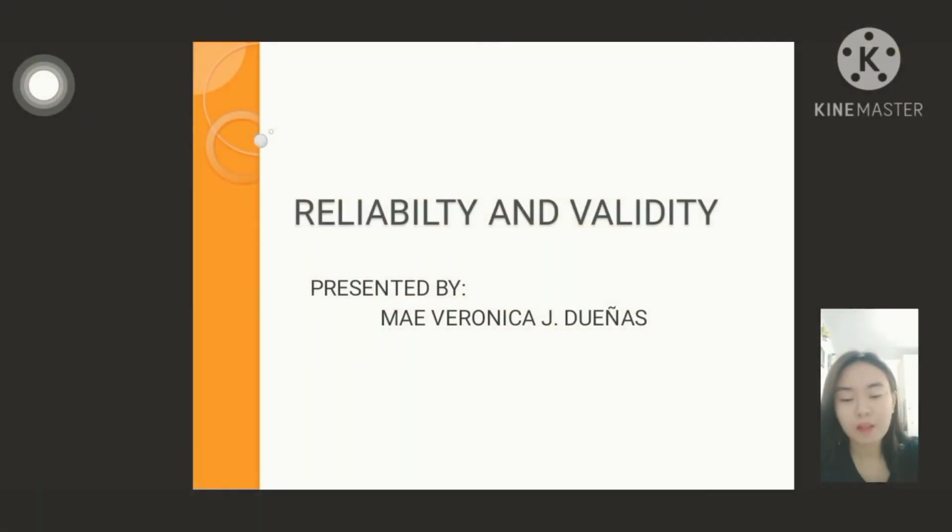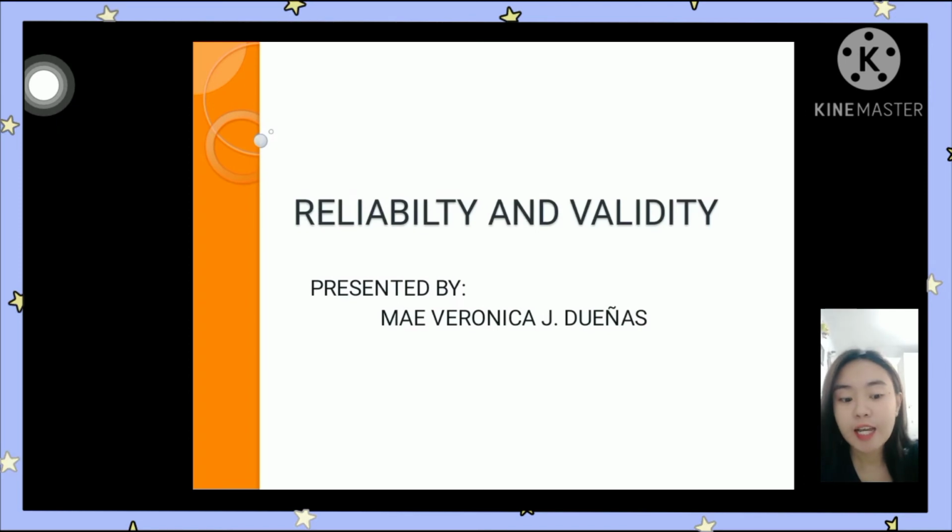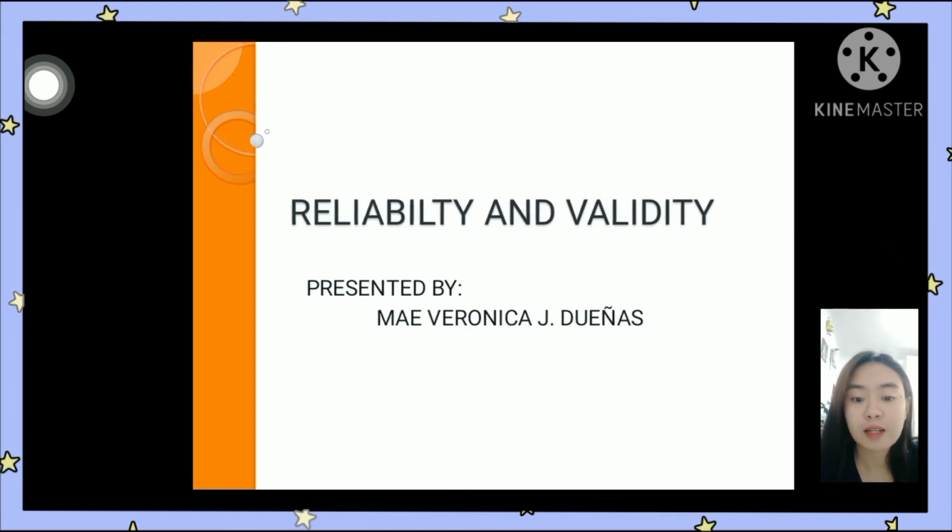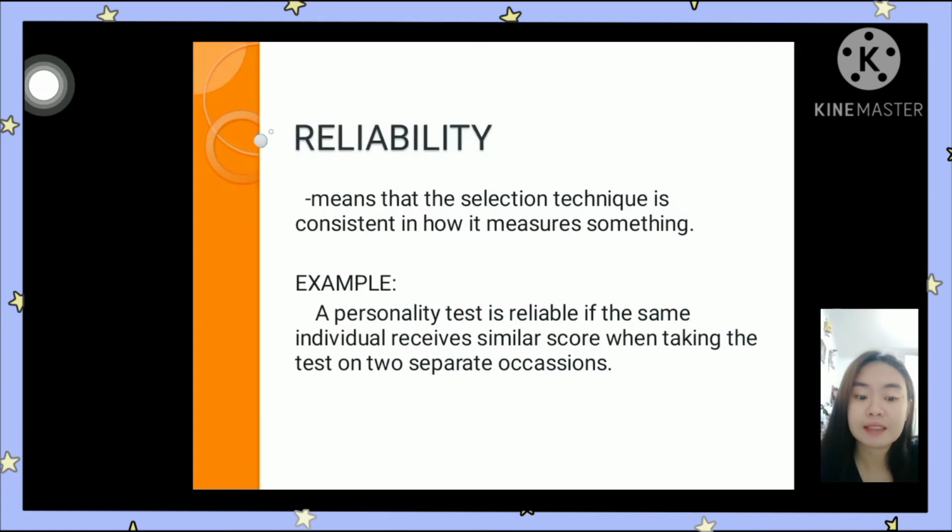Right. So what I'm about to discuss here is all about reliability and validity, and also about interviews. On the first slide, reliability means that the selection technique is consistent in how it measures something.